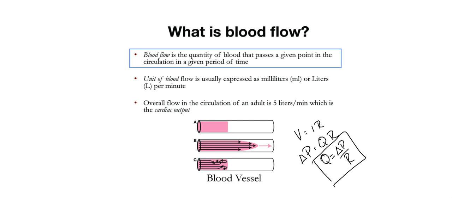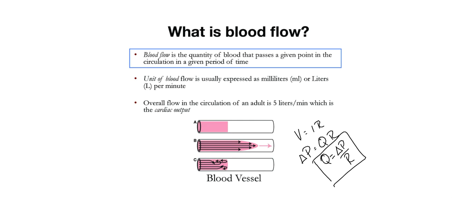We're going to expand on the resistance factor to take into account the radius and the viscosity of the blood in order to be able to see how that's going to affect resistance and therefore flow. But flow specifically is the amount of blood that's going to be passing through in a given unit of time. It's going to be predicated on the pressure of the blood that's flowing, as well as the resistance it has to pass through in order to continue moving.